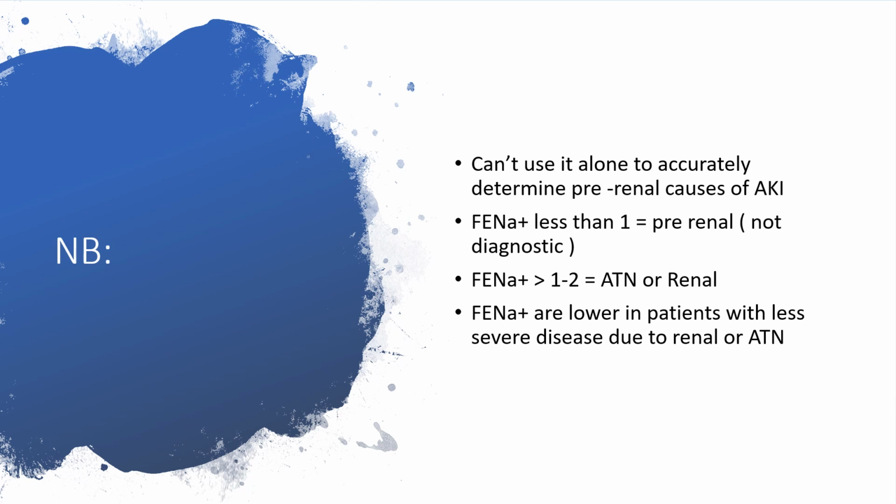FENa is lower in patients with less severe disease due to renal causes or acute tubular necrosis. So don't jump to the conclusion that a value less than 1% is always pre-renal. No, it might be due to less severe renal causes or less severe acute tubular necrosis.